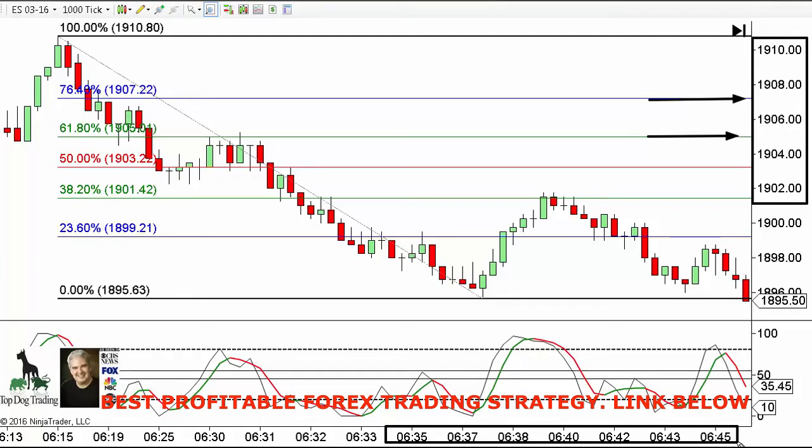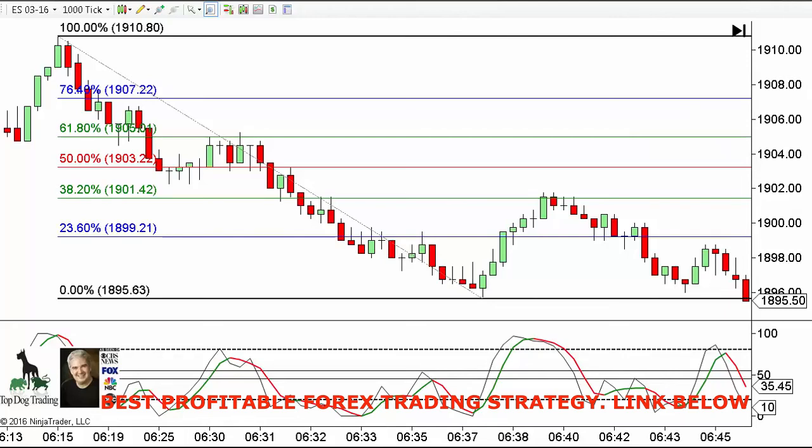So we are looking for the confluence of time and price in order to find where and when the market is going to put in a high and then continue back in the direction of the trend. The Fibonacci levels give us potential prices where the market could top out. But what we also need is time, and that's where the cycle indicator comes in. So you'll see here, this is a topping of a cycle.